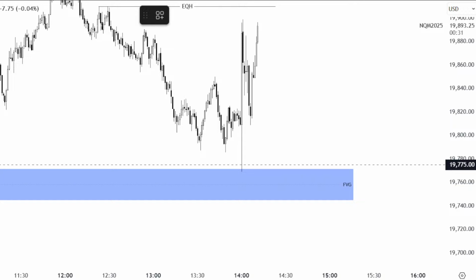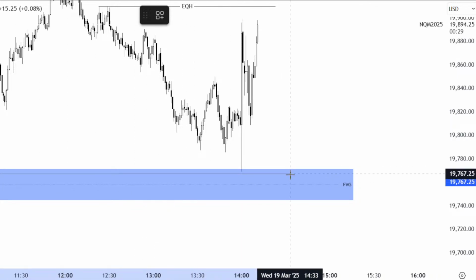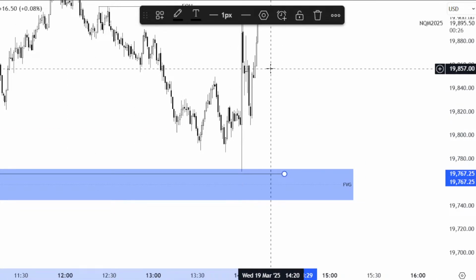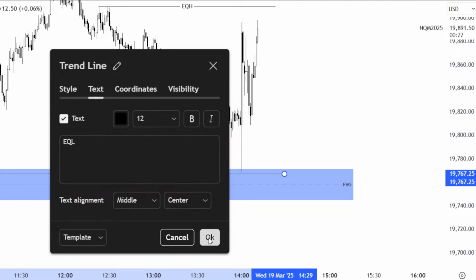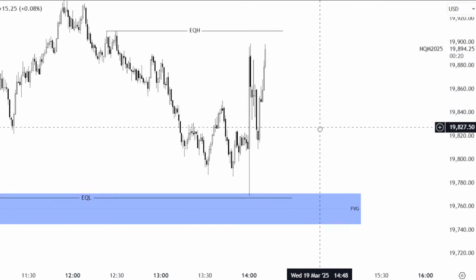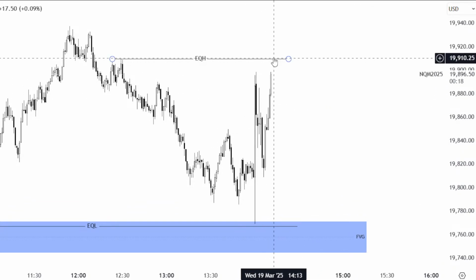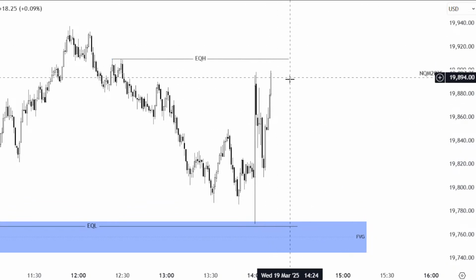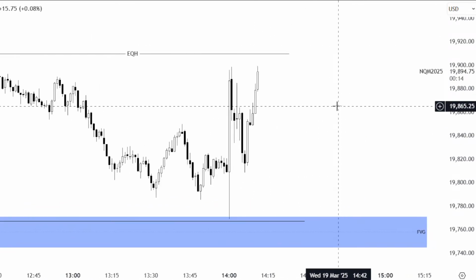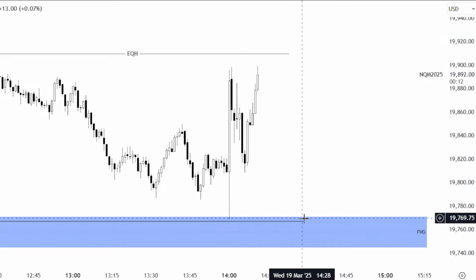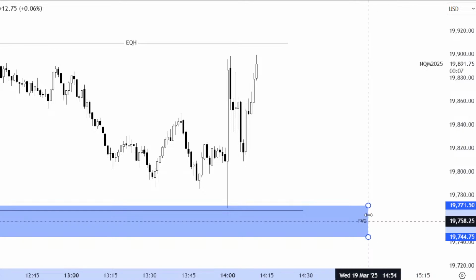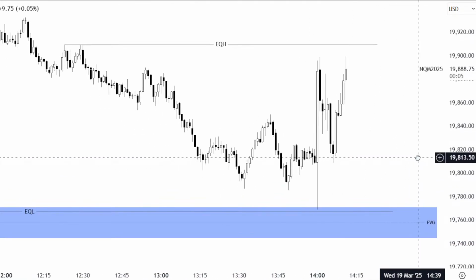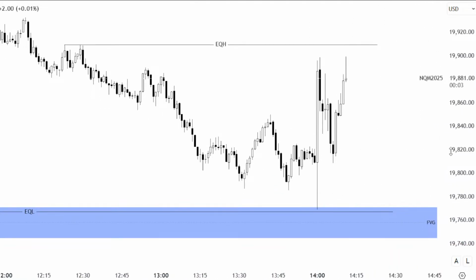And what we can do is mark this out as relatively equal lows as well, which is liquidity right in this fair value gap. So what we want to see is run these equal highs up here, give us some sort of reason to short it, and then target these lows here. But let's wait patiently, guys, and don't rush into anything.